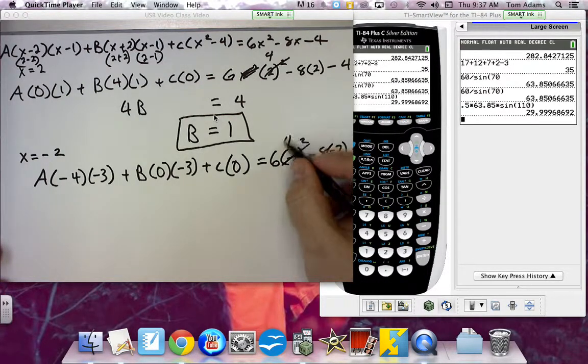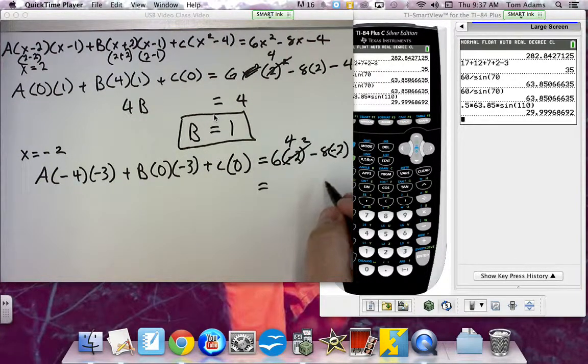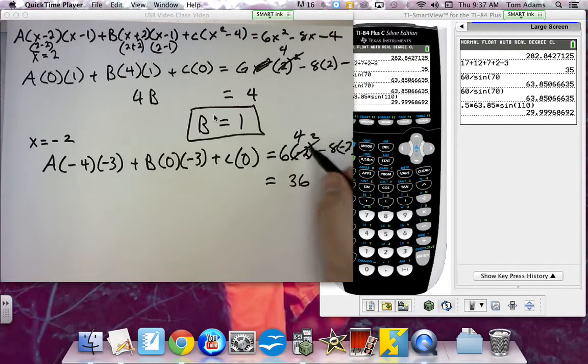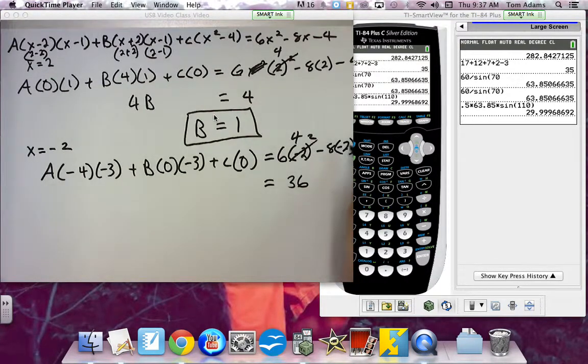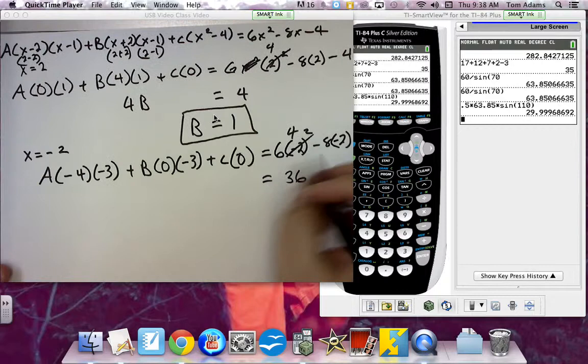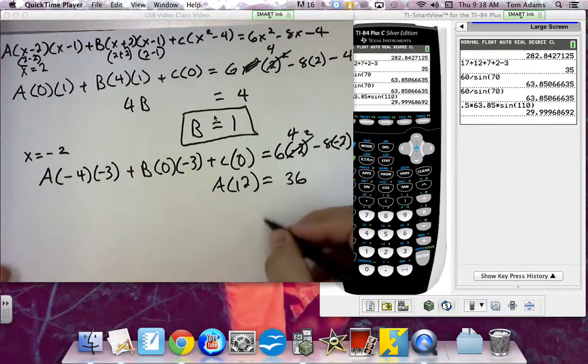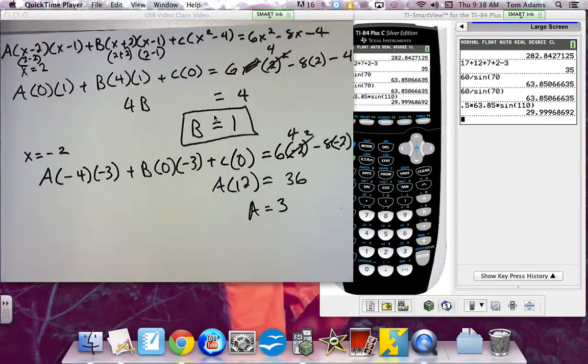So this is 24 plus 16, which is 40, minus 4, which is 36. And so I get A times 12, and if I divide both sides by 12, I get A is equal to 3. Okay, so far so good.